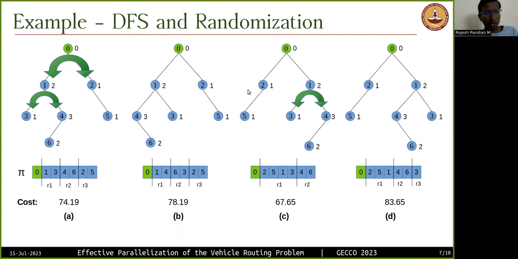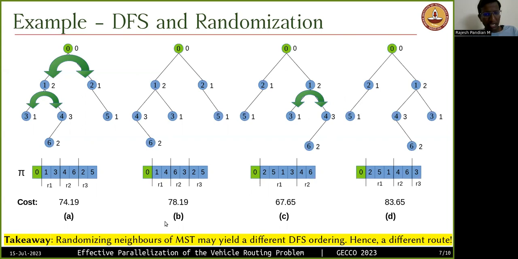These are some sample configurations which the randomization can lead to, and each configuration can lead to a different traversal ordering, which in turn produces a different cost. So the key takeaway here is that the random step may involve a different DFS ordering, thereby a different route. That's the takeaway from this slide.